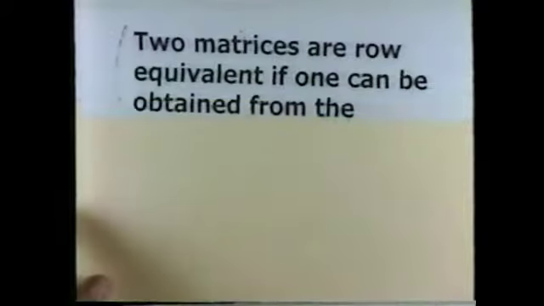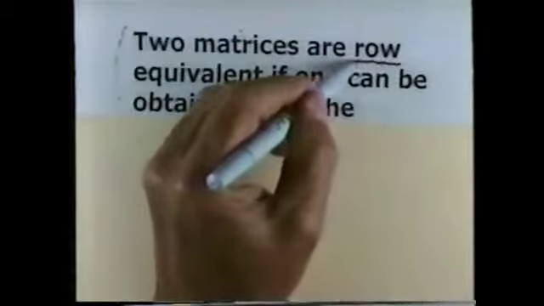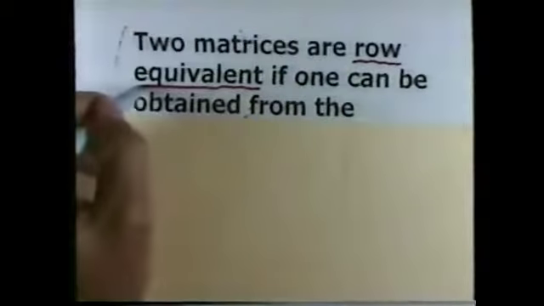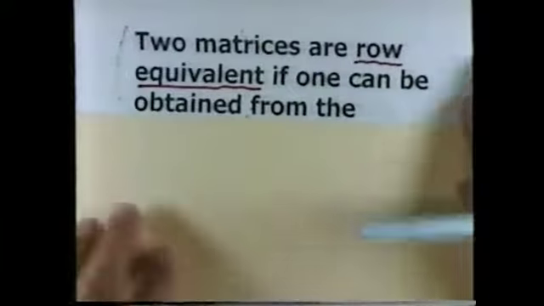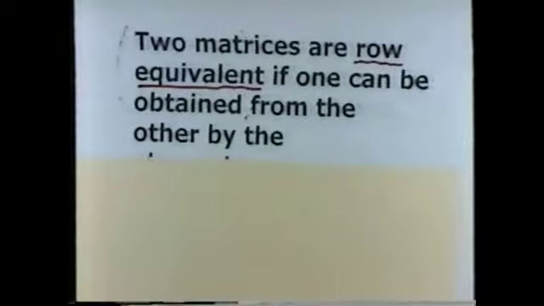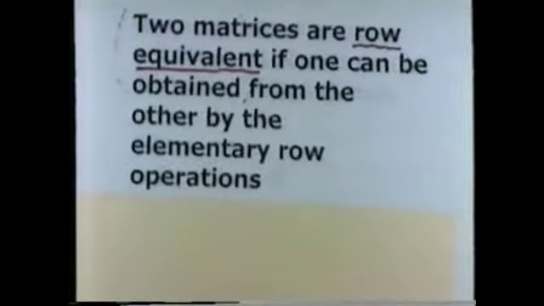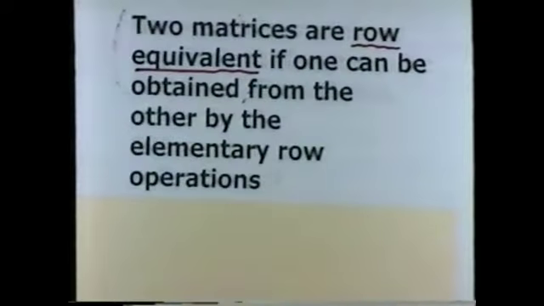Two matrices are row equivalent, and that's what we're defining, if one can be obtained from the other by the elementary row operations. So two matrices are row equivalent if one can be obtained from the other by the elementary row operations.